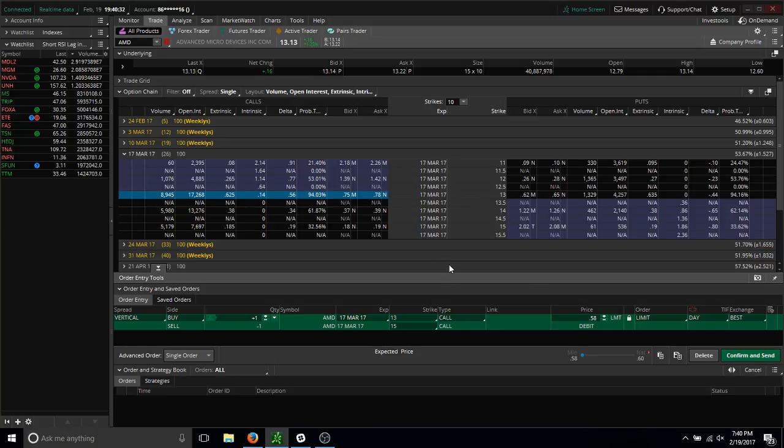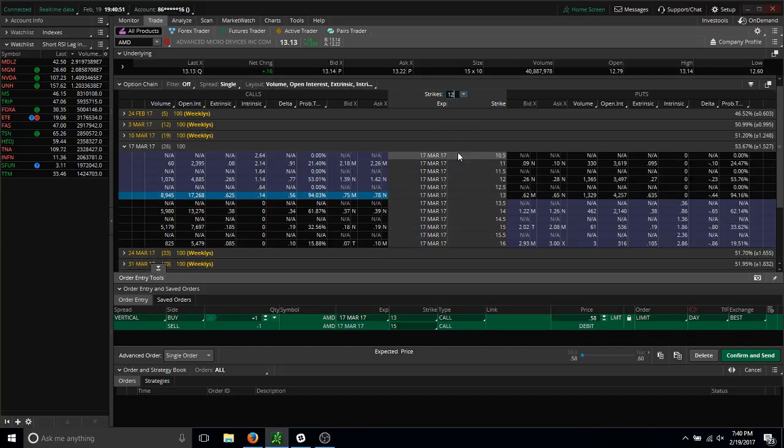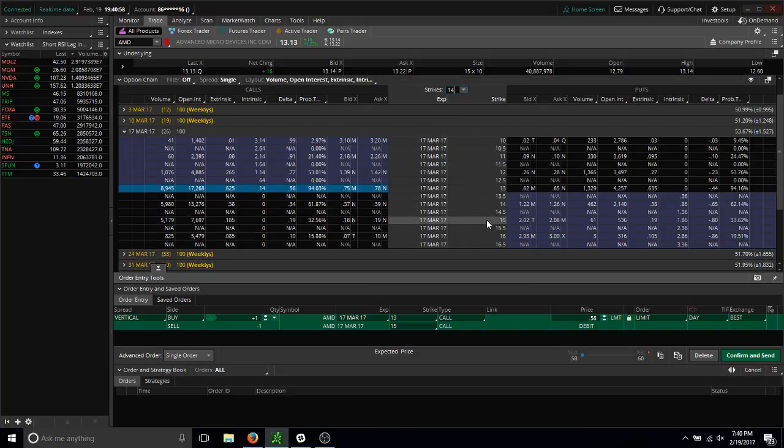We're going to go over buying one in the money and one out of the money, then we'll analyze buying slightly out of the money. Then time permitting, we'll analyze a larger spread, like a 13 and a 16, or a 13 and an 18 if I had it. So, a larger spread.